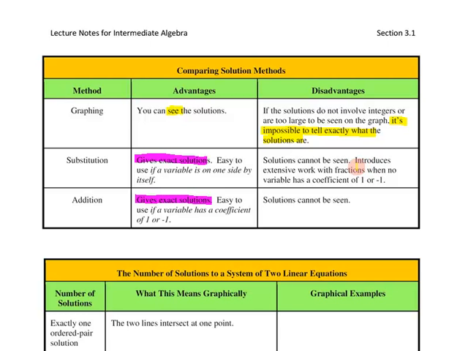You can imagine that if you had to solve for a variable that had a coefficient that wasn't 1, you're going to have to divide off that coefficient, and so very often you may end up with fractions, and that can make this a lot messier. So addition doesn't have that disadvantage, but it does have the disadvantage that solutions cannot be seen.